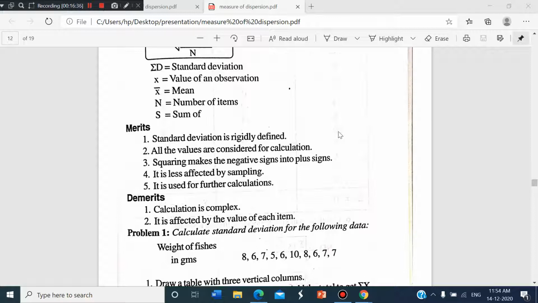And the standard deviation is less affected by sampling. And once you get the standard deviation, you can use it for further calculations also. What are the demerits? Calculation is complex and it is affected by each and individual value because all values are considered.